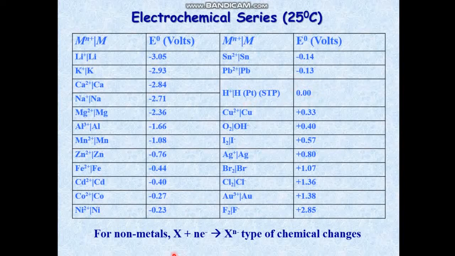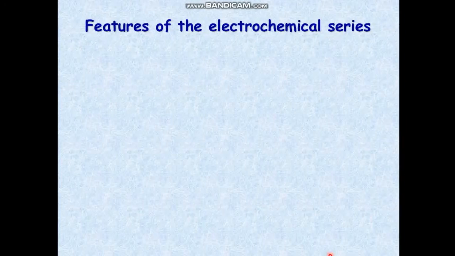For non-metals, the reaction is non-metal plus electron equals the non-metal anion. Actually this reaction takes place. They have the tendency to accept electrons, not to lose electrons. So what are the features of this electrochemical series?